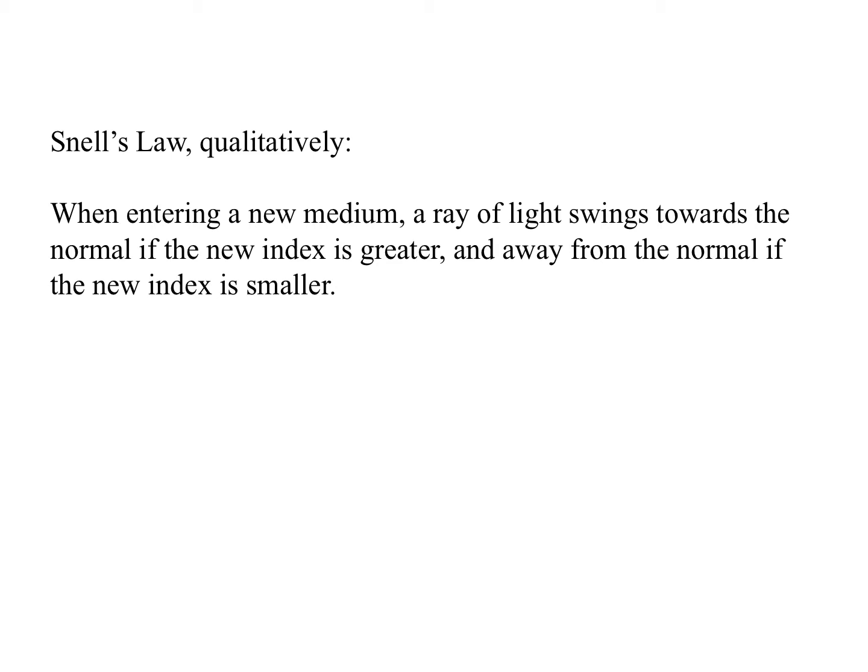Remember that the index is related to the speed, but inversely. So if the new index is greater, then the wave is traveling slower, and so it gets kind of pulled towards the normal. And vice versa, if the new index is lower, then the speed is greater, it's freed up a little bit, and it can swing away from the normal.